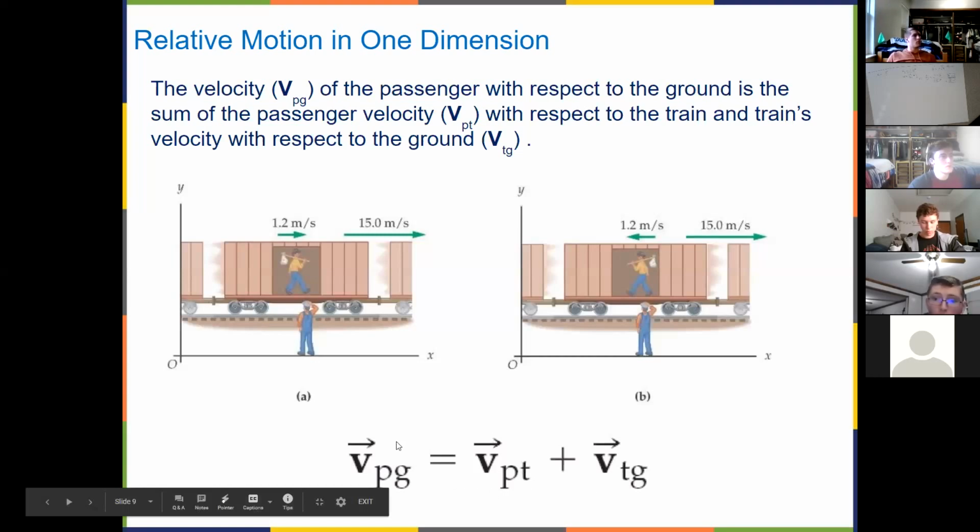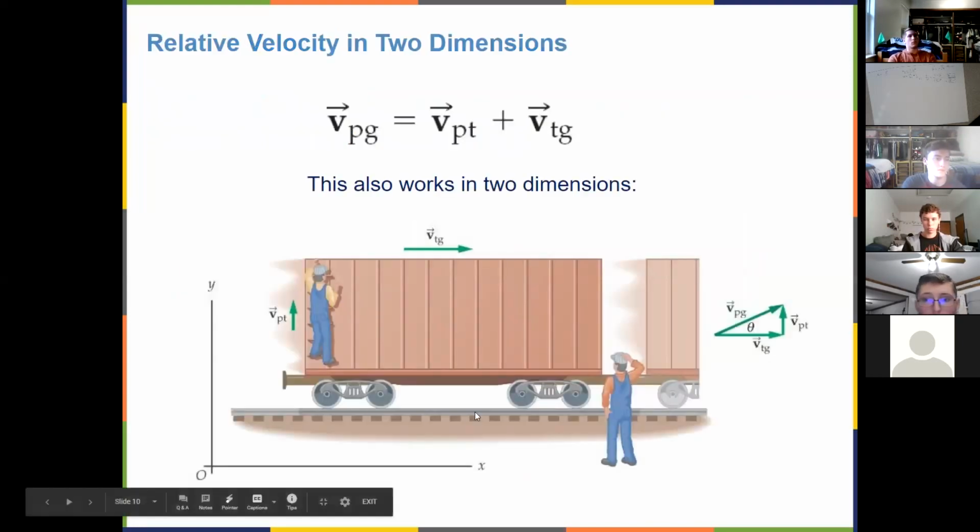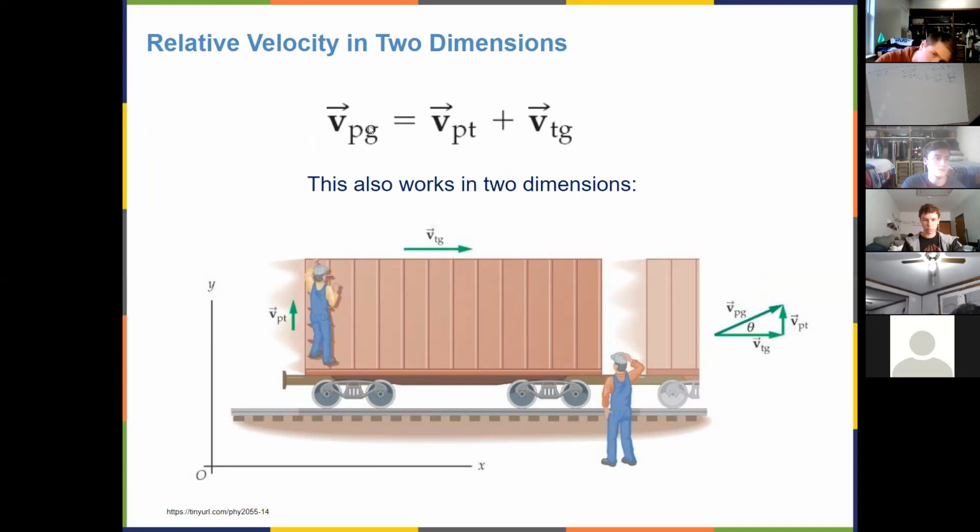So this is what happens when you have one-dimensional motion. This equation also applies to two-dimensional motion, relative velocities for two-dimensional motion. Say the train is going horizontally, but you are climbing up in the train with a certain velocity. Then you can also use this vector addition with vectors expressed in subscripts.